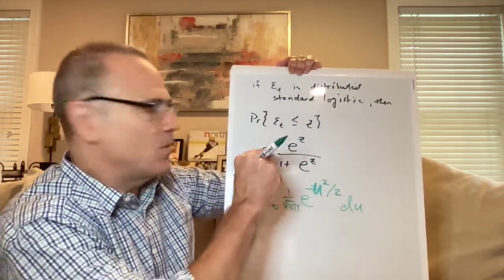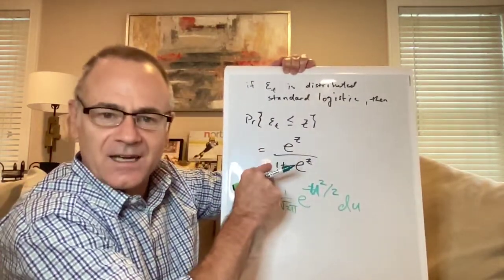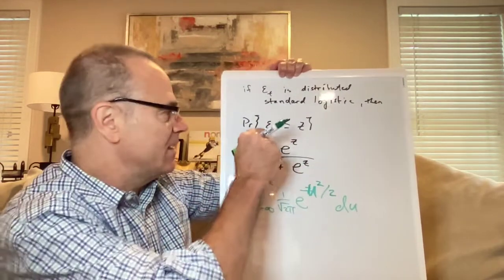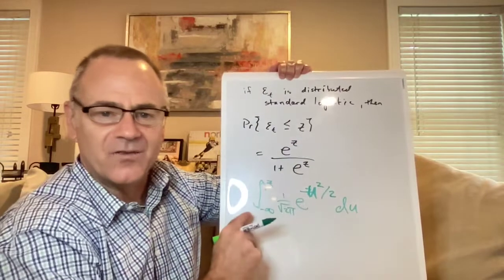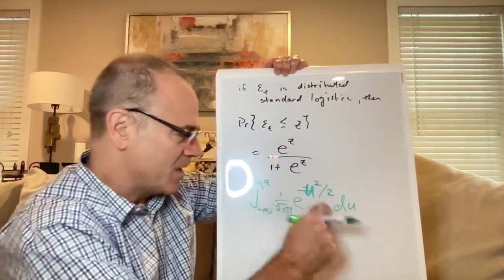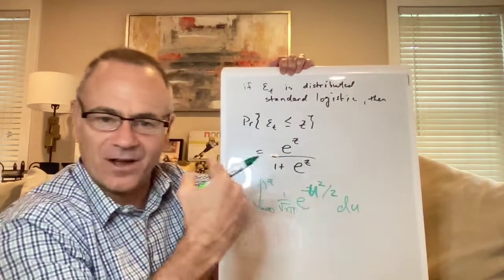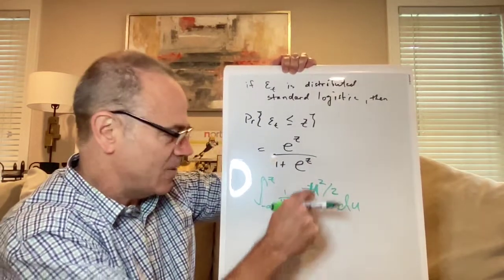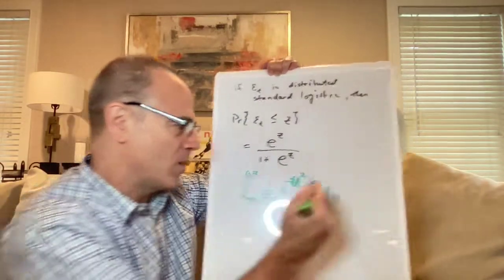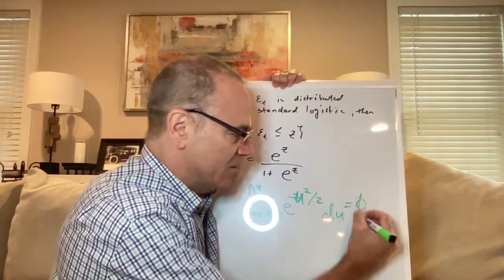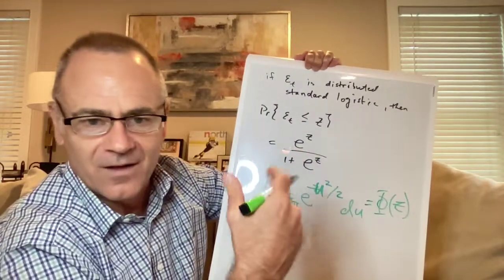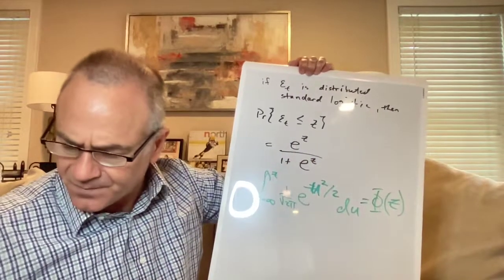So with a logistic, we have a simple formula to describe the c.d.f. of the random variable. If it's normal, we have a complicated formula. In fact, we can't have a closed solution for what that equals. We have to keep it in integral form unless we use our tables and look it up. We just call it phi of z and look up the different values.